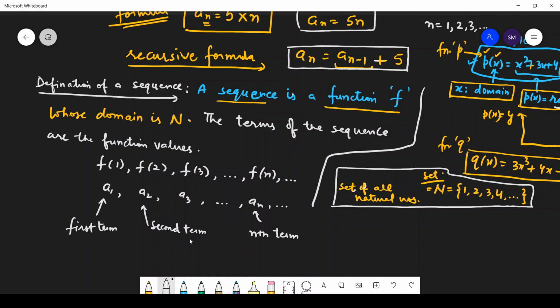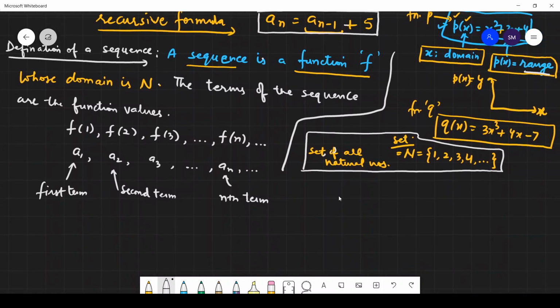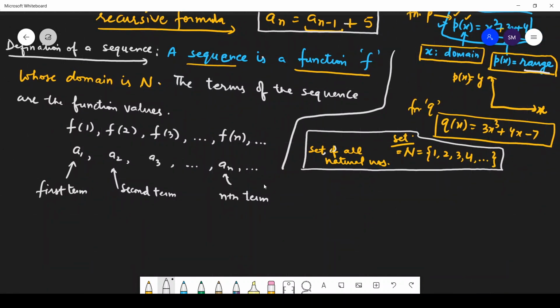So let us write one more sequence. The sequence can be 2, 4, 6, 8, 10, and so on.